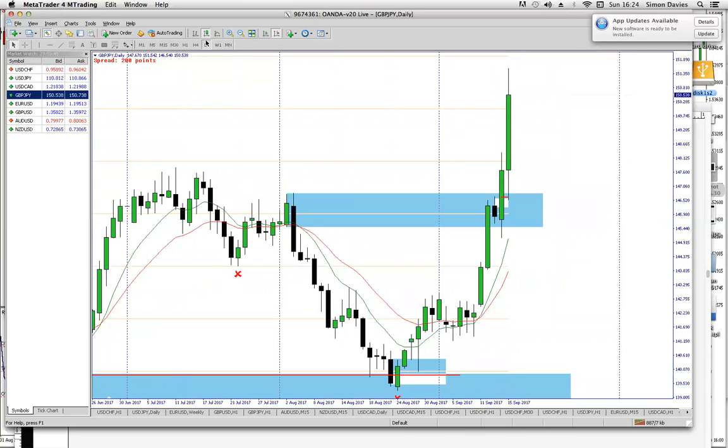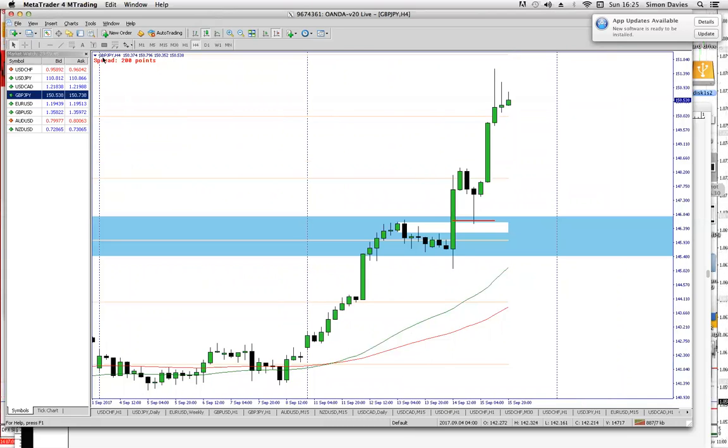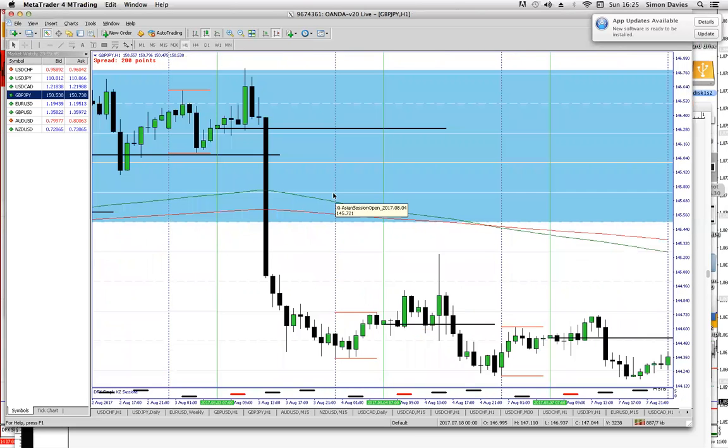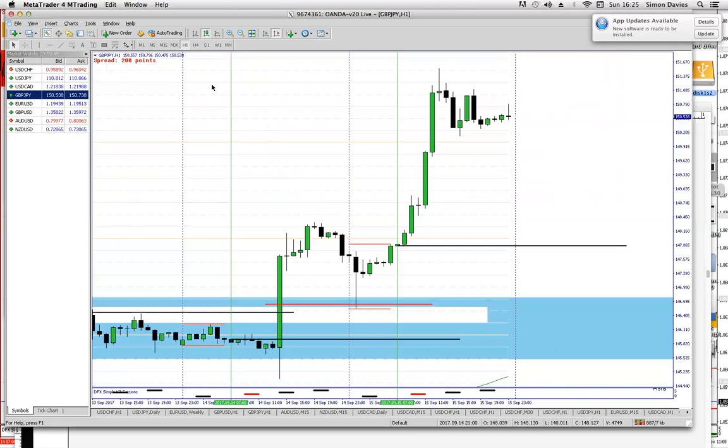And this is what you look for. So really, I wouldn't want to trade Great Britain JPY for a few days because we've had our monstrous days and now it's going to tighten up a bit and there won't be much range. But with Great Britain JPY, it moves quite fast anyway, so probably doesn't apply to this pair.